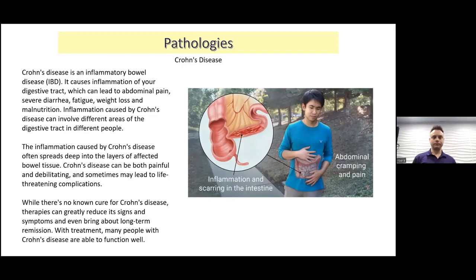So there's quite a few postulated causes for Crohn's disease. A lot of times people will associate stress to a lot of the bowel disorders or digestive system disorders, right? Because of the role that the sympathetic division of the nervous system plays towards the digestive system, but no major correlation there.